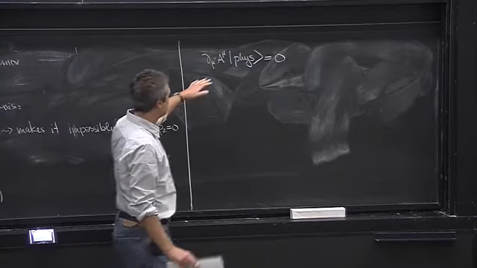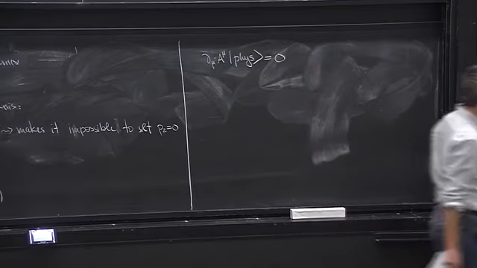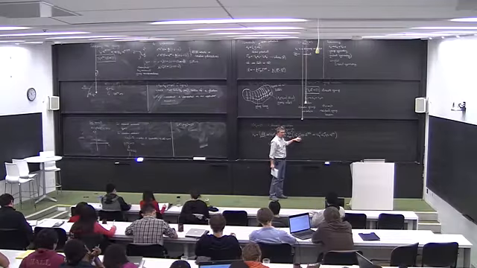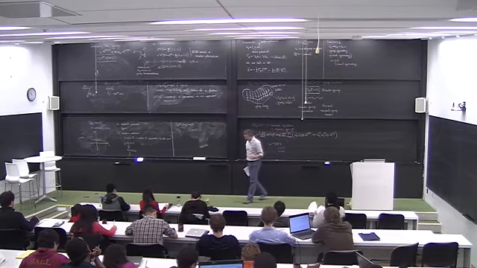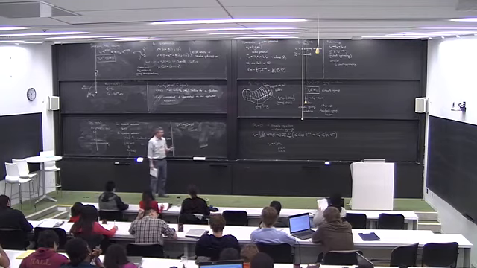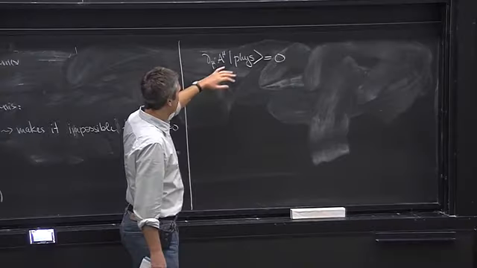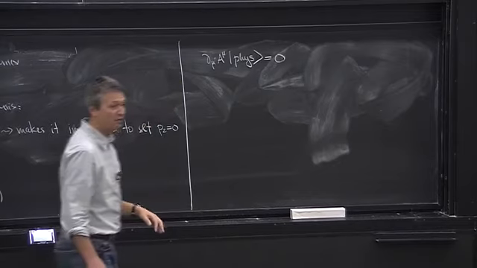So this defines some subspace of the full Hilbert space. So we have to introduce the unphysical oscillators, which are time-like and longitudinal. We have to introduce longitudinal and time-like oscillators, but we eliminate them by saying that our physical states satisfy this condition. Okay.